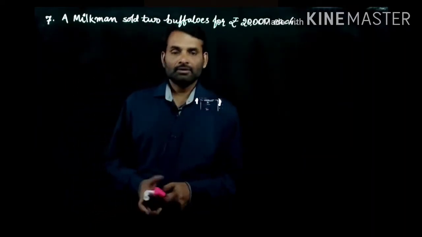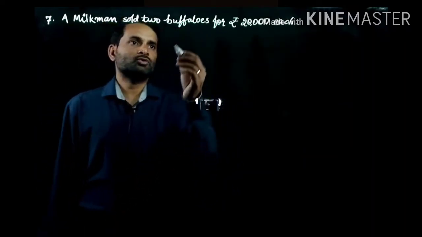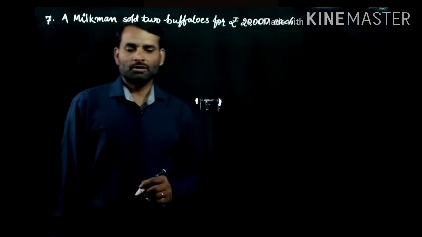Okay, so let's start. A milkman sold 2 buffaloes at 20,000.